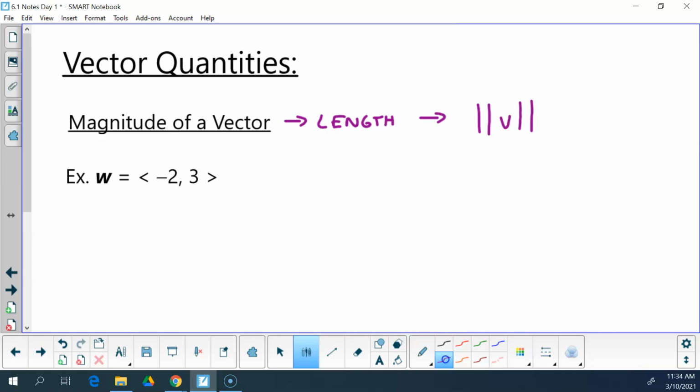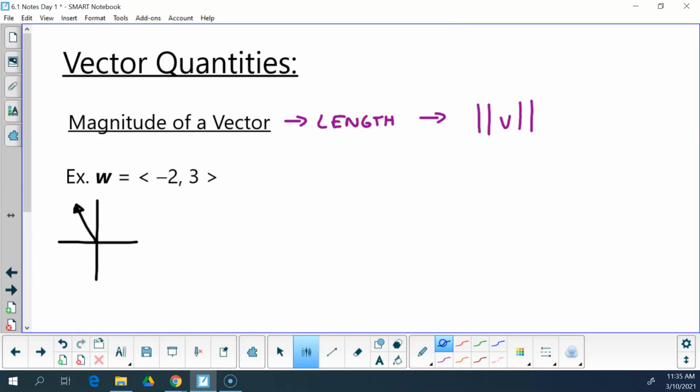That is the symbol for the magnitude of a vector. Now, if we think about vector W here, vector W is at negative 2 comma 3. So it's somewhere in about there.